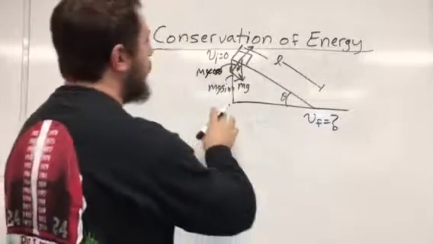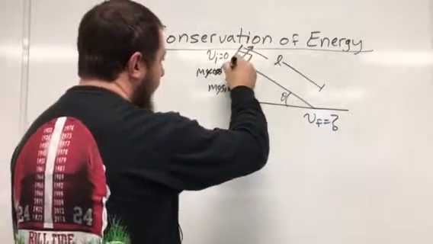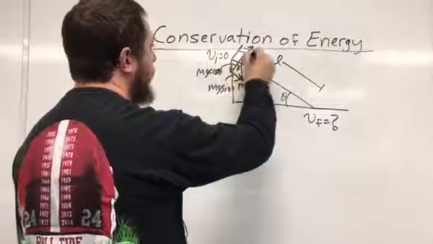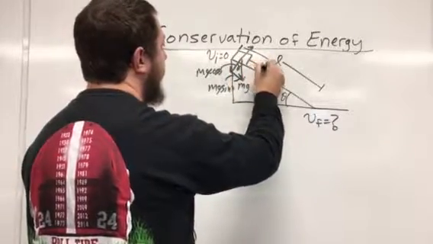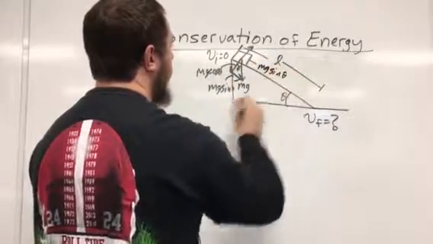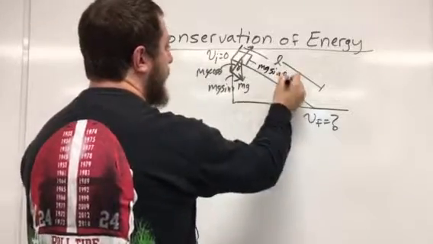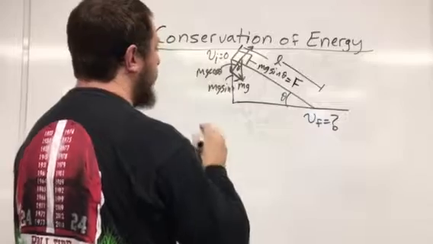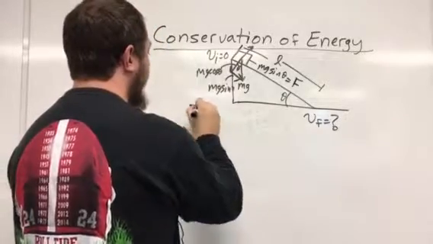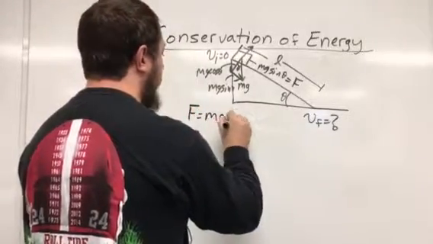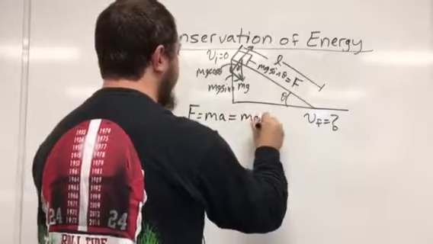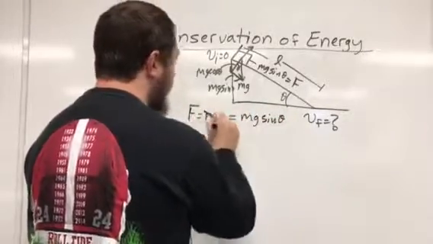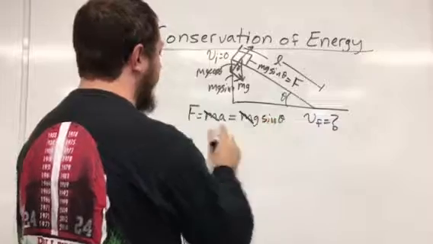And what we said was that it's this component of gravity moving it down the incline, so this is mg sine theta, and that is equal to the net force. So if F equals ma, then this is equal to mg sine theta, and therefore our acceleration is g sine theta.